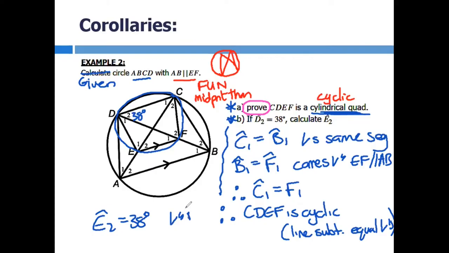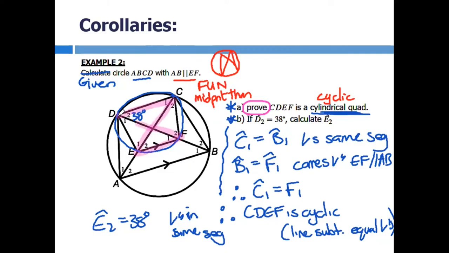angles in the same segment. I've written that very untidily. Okay, because now we know it's cyclic. Let me just highlight the bow tie so that you guys can all see that bow tie here.